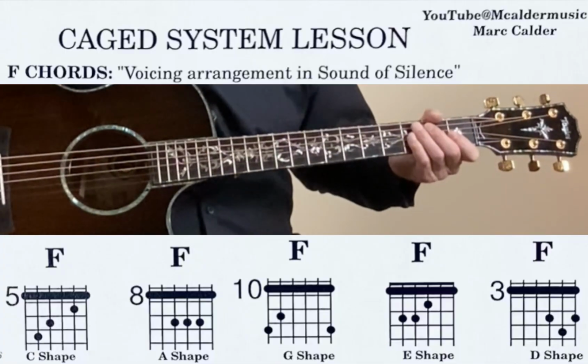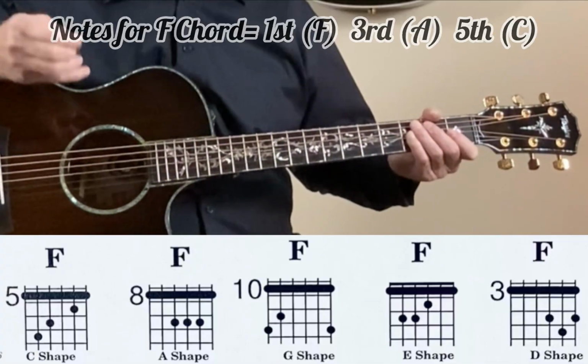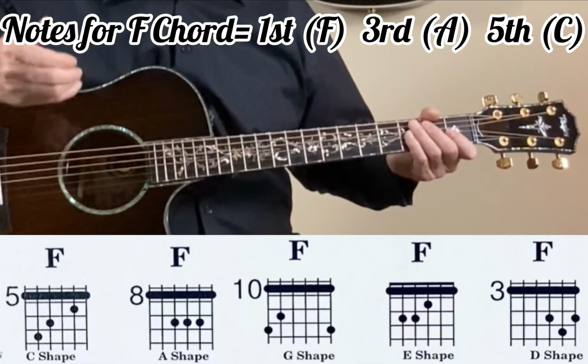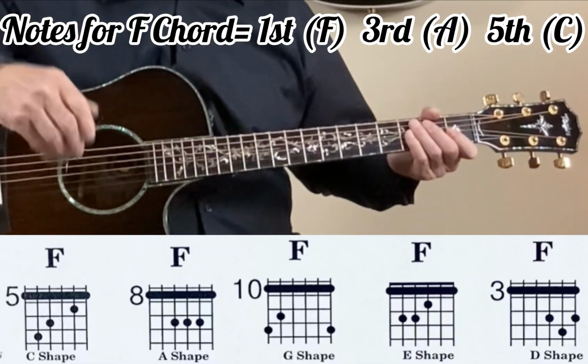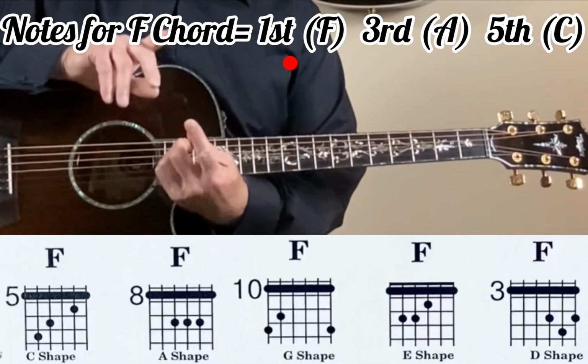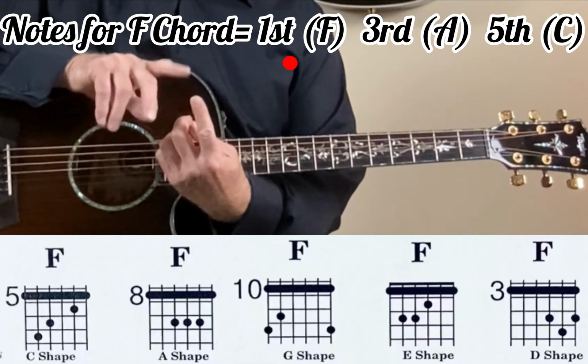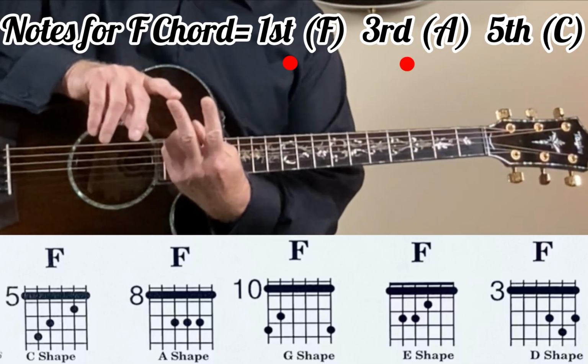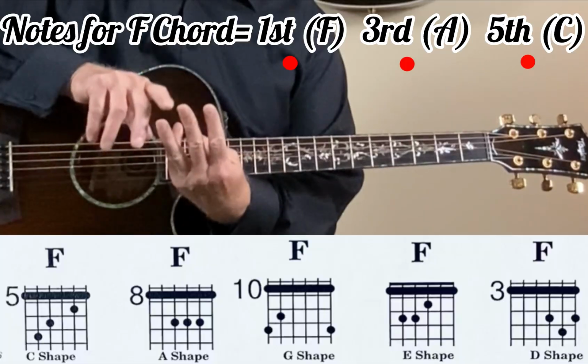Well, basically, we want to look at the 1, 3, and 5 notes that will create the chord. So for our F, let's look at that. The first note is going to be the root, or the F note. The third is going to be the A note, and the fifth is going to be the C note.